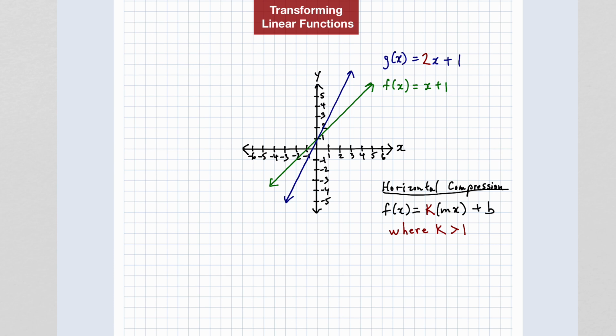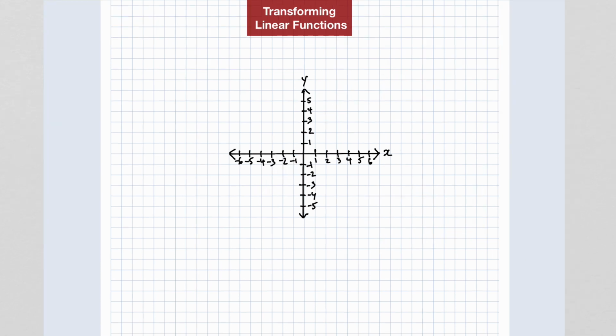Okay, and then for the last transformation, it'll be similar to this one, and it'll look like this. So the function of this line is f of x is equal to 2x plus 2. And then the next transformation will look as follows.